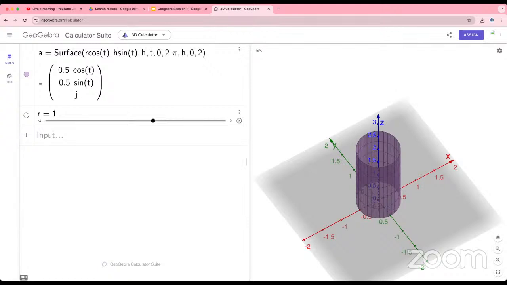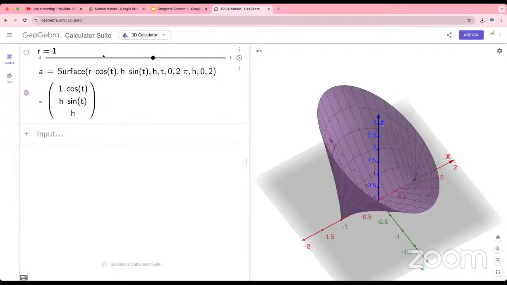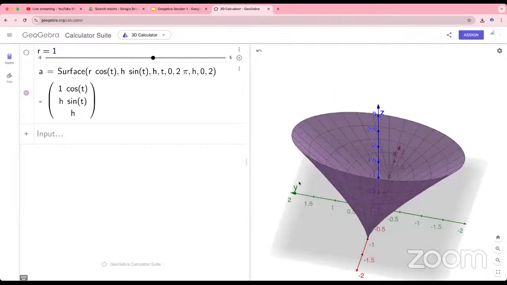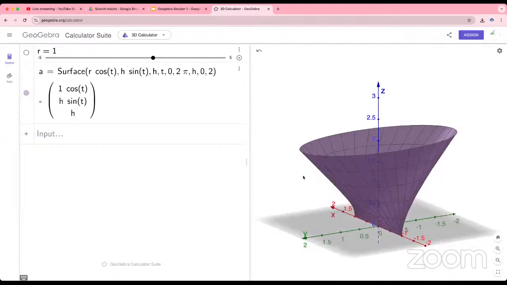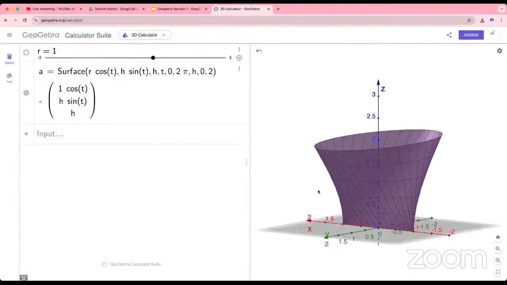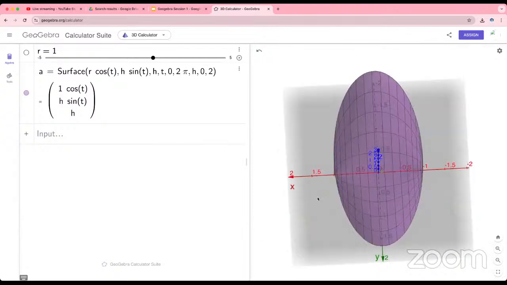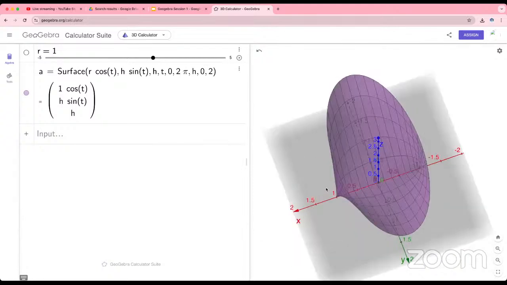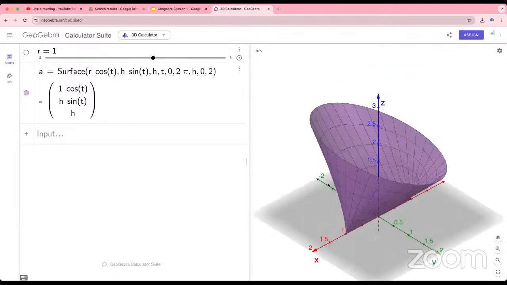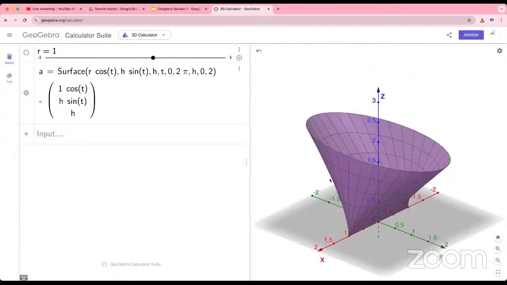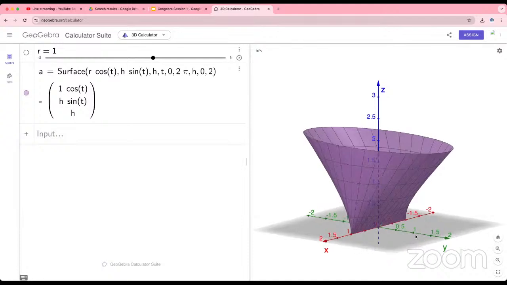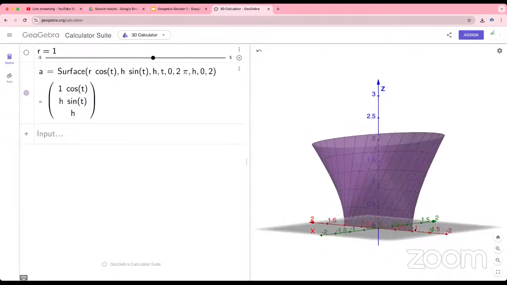And if I do so, it is an interesting shape, but not looking like a cone. For example, if you look from the bottom, it has a line segment. A cone has a vertex, one point on the sides. So yeah, good try, but something needs to be changed.